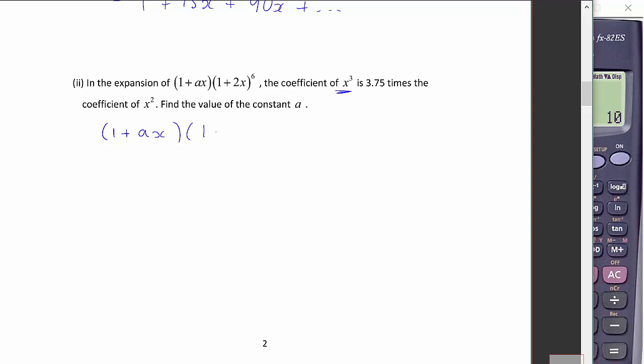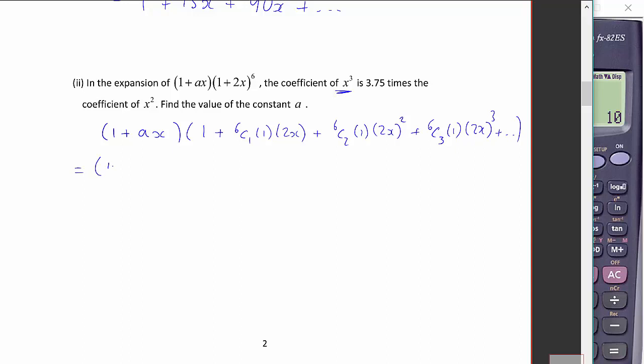So we're going to have 1 plus 6c1, 1, 2x, plus 6c2, 1, 2x squared. And then we're going to need 6c3, 1, 2x cubed.